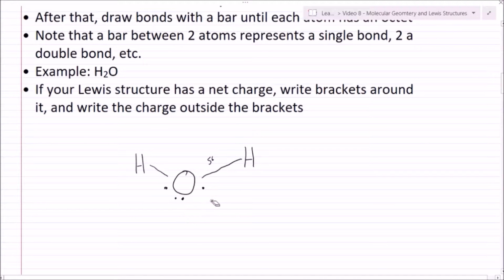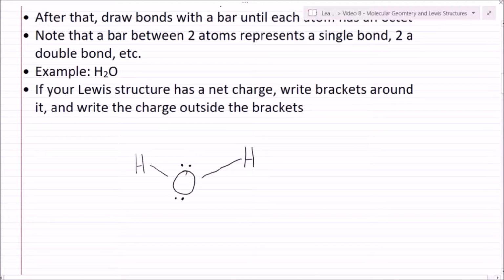Now there's a problem with this Lewis structure though, is you never draw a bond and dots on the same side. So if we have a symbol, we can put electrons here, here, here, and here. But you would never draw it like this, where you have a bond going to one side as well as an electron. So all I have to do is erase these two and write them up here.